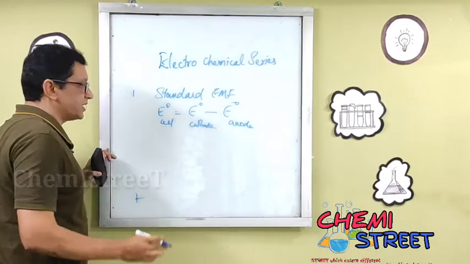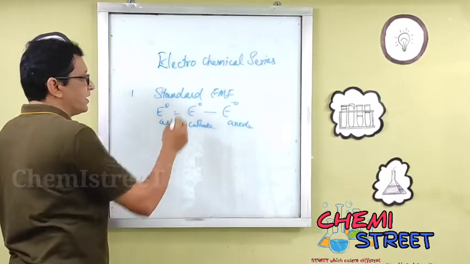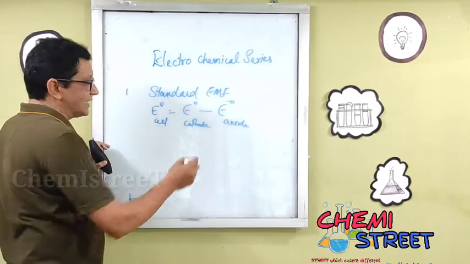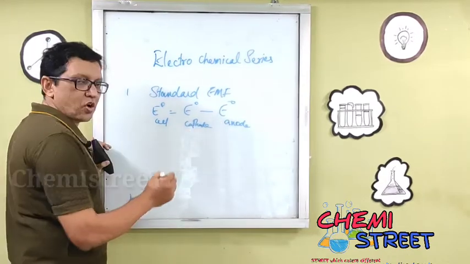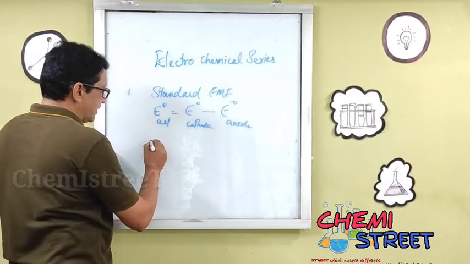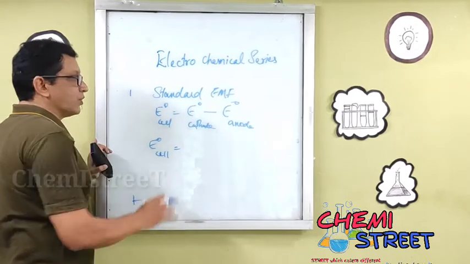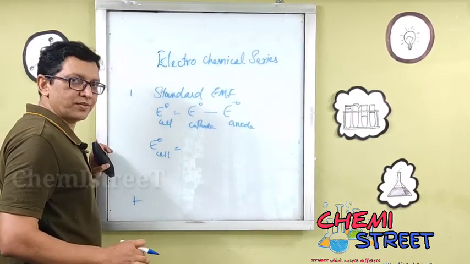Everything under standard conditions. So for example, shall we find out the E cell of the Daniell cell? In the Daniell cell, the cathode is copper, and the anode will be the zinc electrode. Okay, shall we calculate E0 cell? What about the value of the cathode?